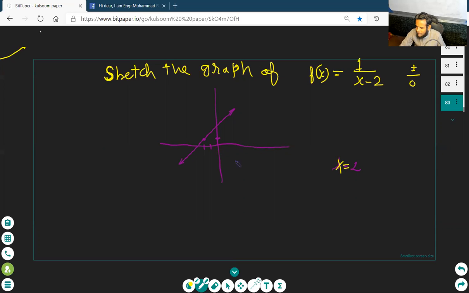Clear? So after factorization, or we put the value before factorization, we get this. So we get 1. This cannot be factorized, okay? So we get 1 and 0 below. So it is asymptote. Is it vertical asymptote or horizontal?